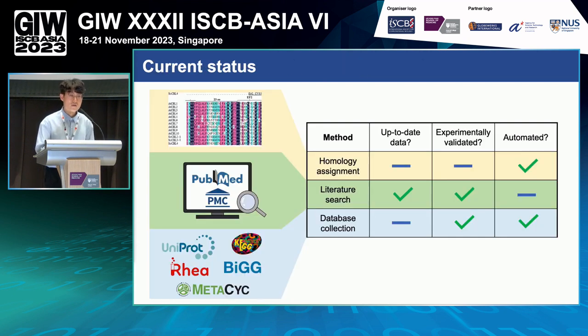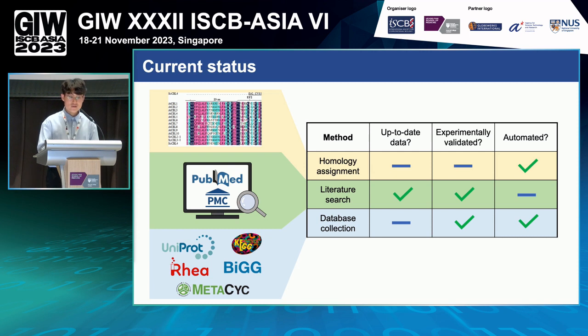So far, 3 approaches are available for finding or assigning the GPR association. One is using sequence alignment to assign similar forms of GPR associations to genes with high sequence similarity. The second one is extracting information from published papers.